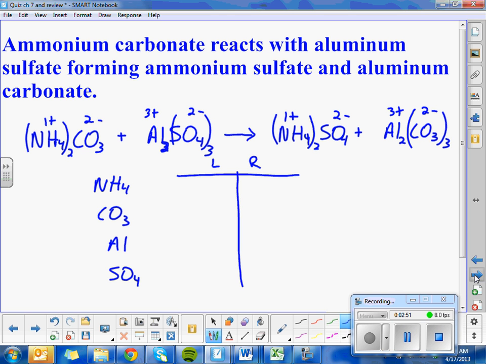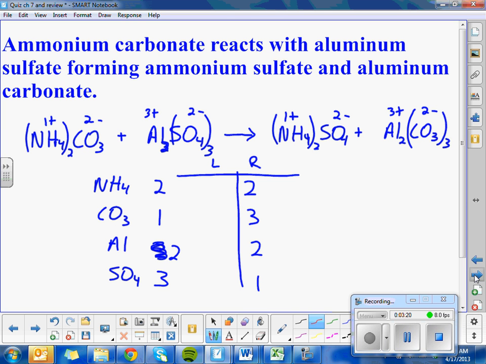So we look here on the left side, we've got 2, we've got 1, we've got 3. No, I'm sorry, that's a 2. Writing wasn't very good. And we have 3 sulfate. On the right side, we have 2, we have 3 carbonate, we have 2 aluminum, and we have just 1 sulfate.